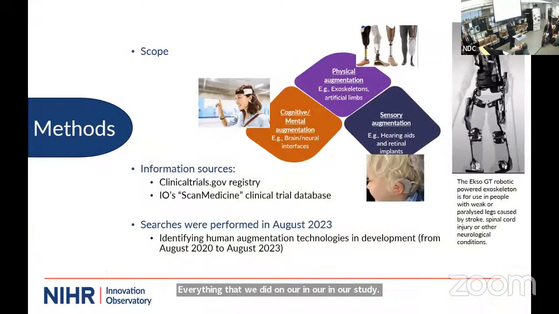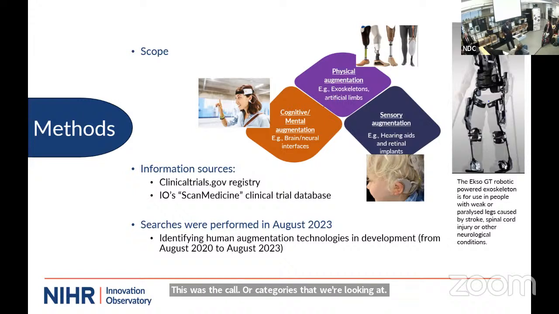In terms of the methods that we used, we focused on 3 areas of research. That is the physical, the cognitive or mental, and the sensory augmentation technologies. So these were the core categories that we were looking at.